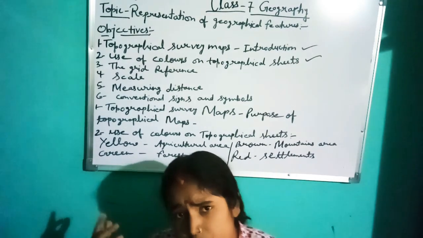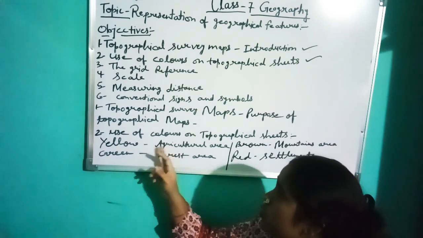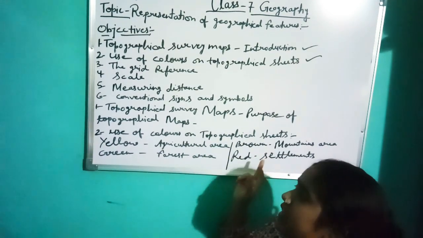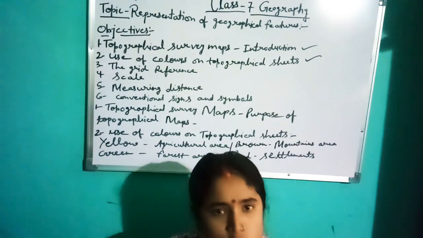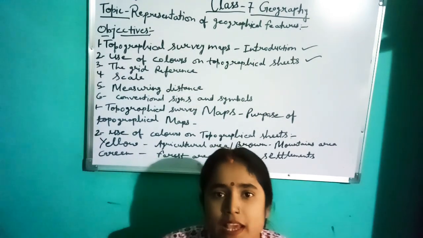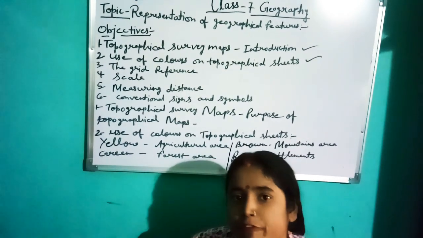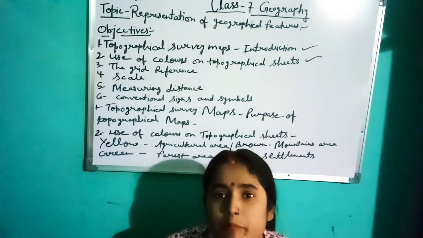Now we are moving toward the second topic, as I told you, use of colors on topographical sheets. As you all know, maybe in previous classes, in class 6th, you have read that we use different types of colors in the maps.